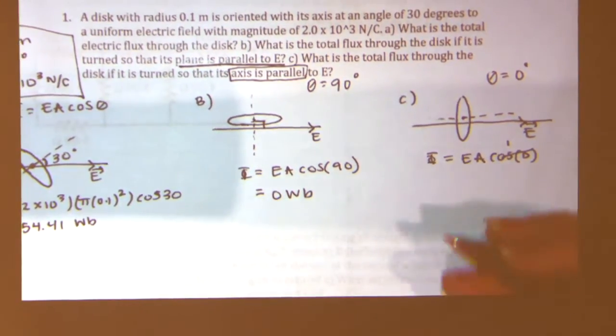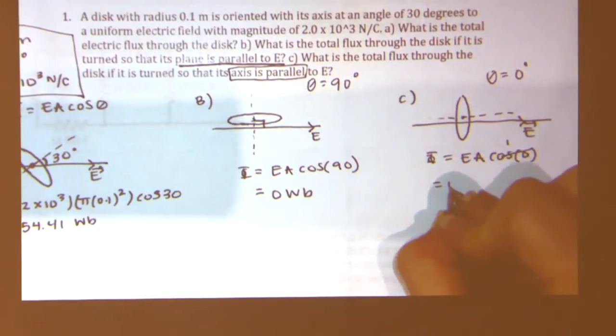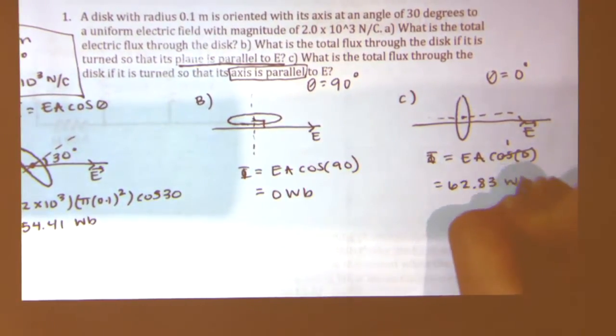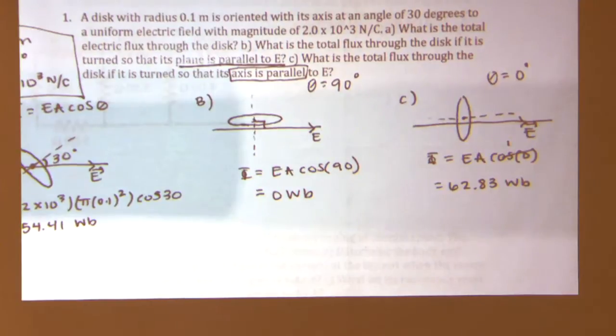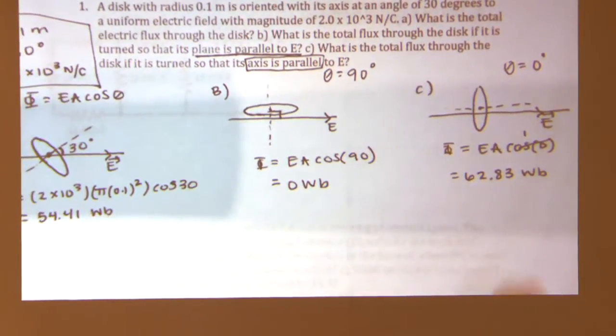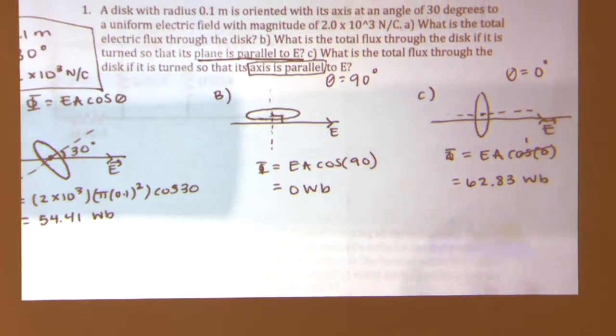And when I calculated that, I got 62.83 Webers. So this is kind of like max electric flux, because this is when you have the total amount of electric field going through that area of the disk.